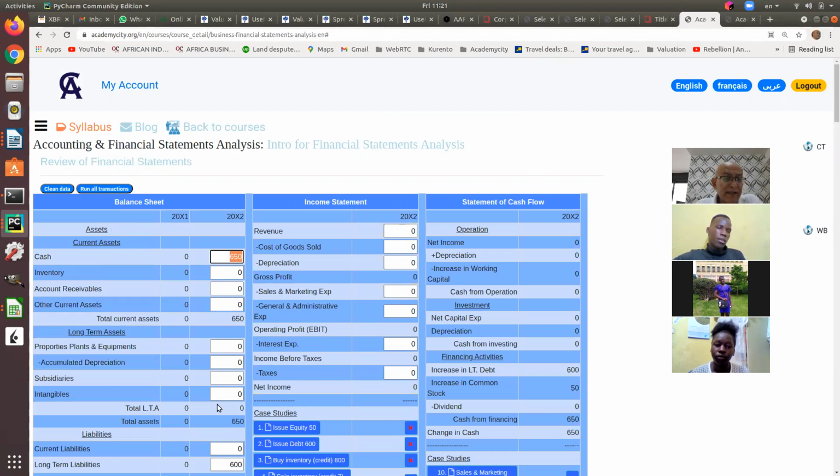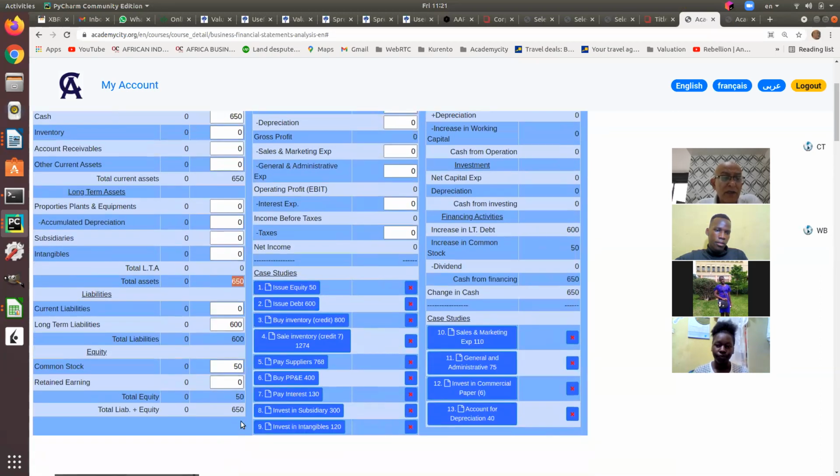The total assets will be 650. We'll talk about these categories in a second. But the total assets is only the cash, and it must be equal to the liabilities, which is 600, the loan we took from the bank, plus whatever we're raising from the equity owners.